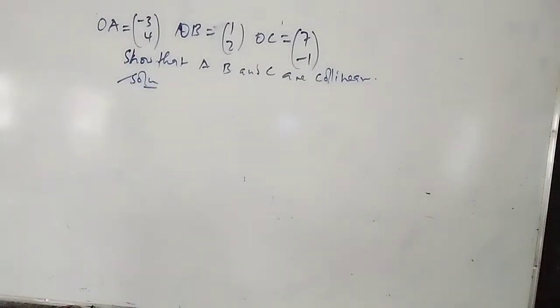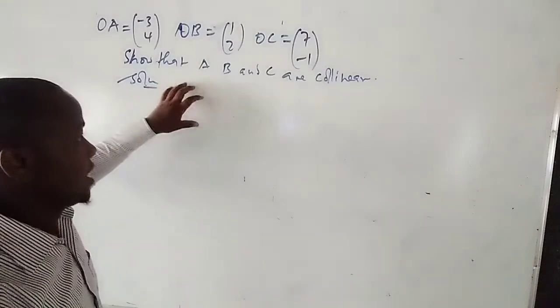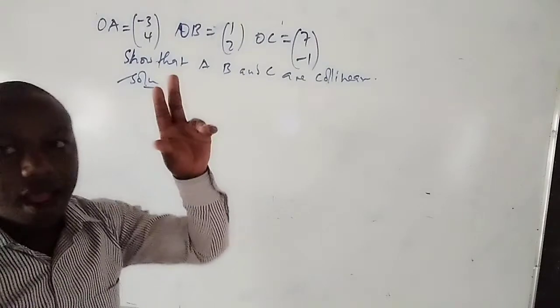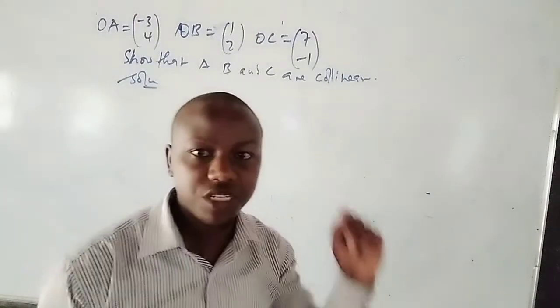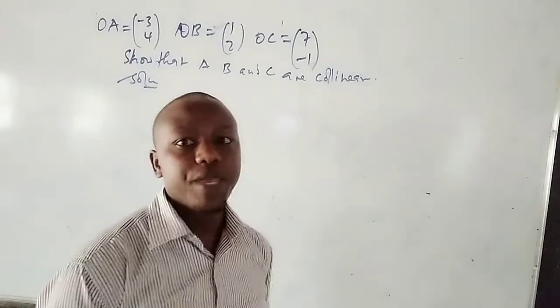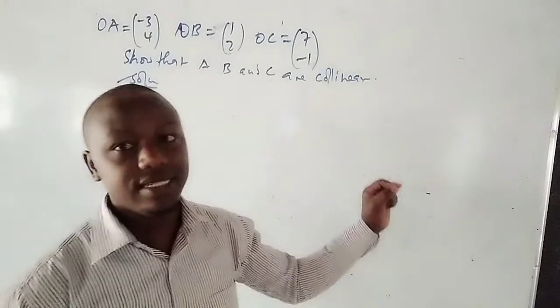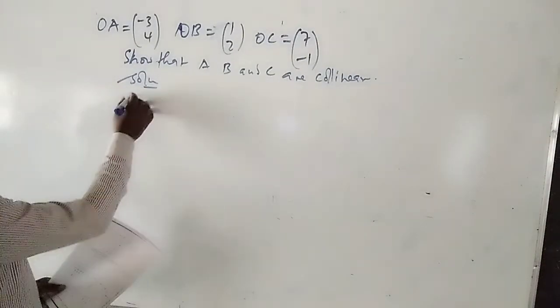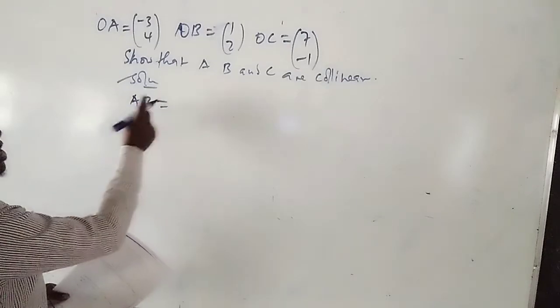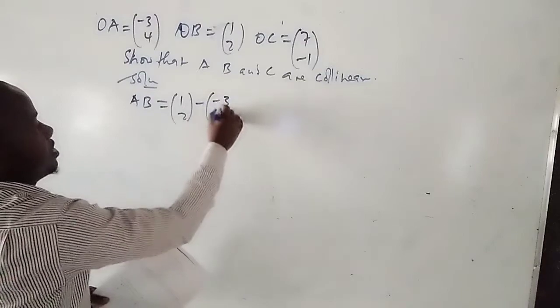To show collinearity, we usually consider a scalar multiplier and a common point. In this case, we are going to get vectors AB and AC, and we compare whether they are related. Therefore, we get vector AB by subtracting A from B: 1, 2 minus negative 3, 4.